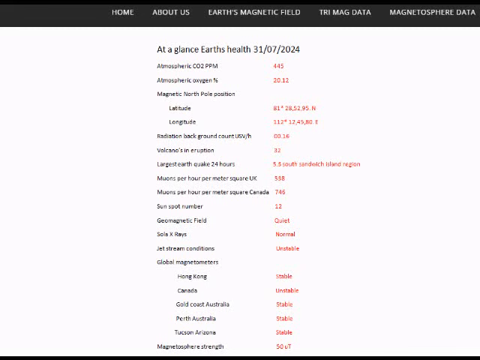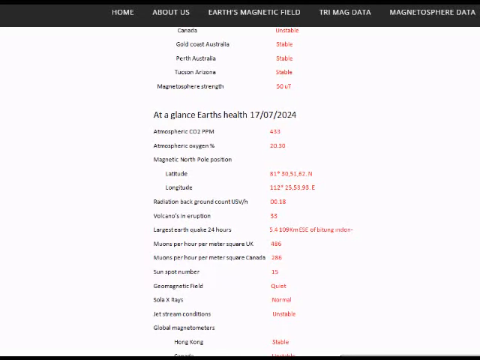Let's just take any one of those things that we monitor here at the observatory, like CO2, oxygen, the radiation background, volcanoes in eruption, largest earthquake, or the muons here in the UK, or the muons in Canada, or even the sunspot numbers.